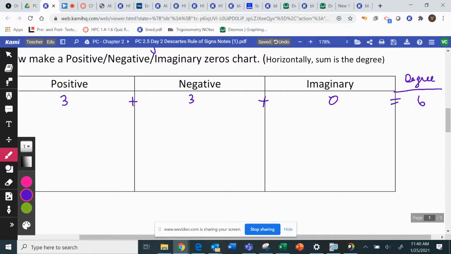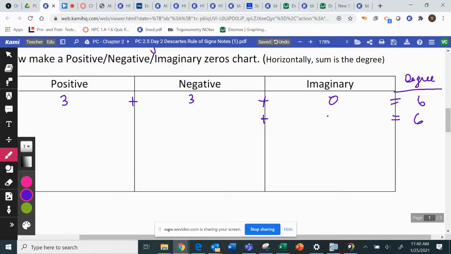So we could have less positive and less negative because we could have some imaginary numbers. So what I'm going to do is add in the imaginaries first. It still has to add up to equal 6. Can I add one imaginary number? Robbie, why not?